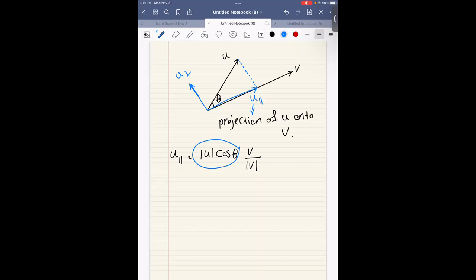Okay. And then u perpendicular, once you have u parallel, is equal to u minus u parallel. Okay.